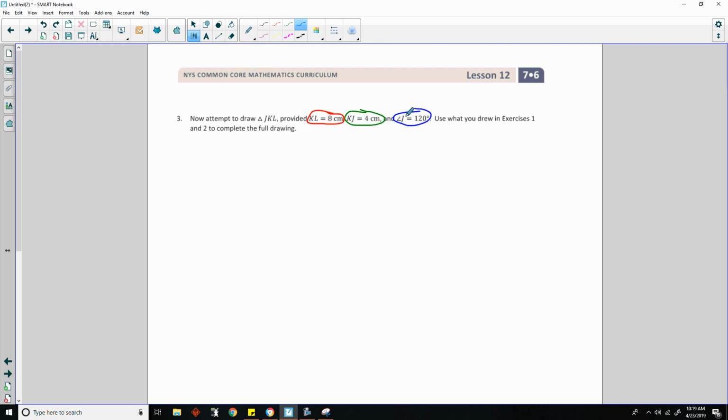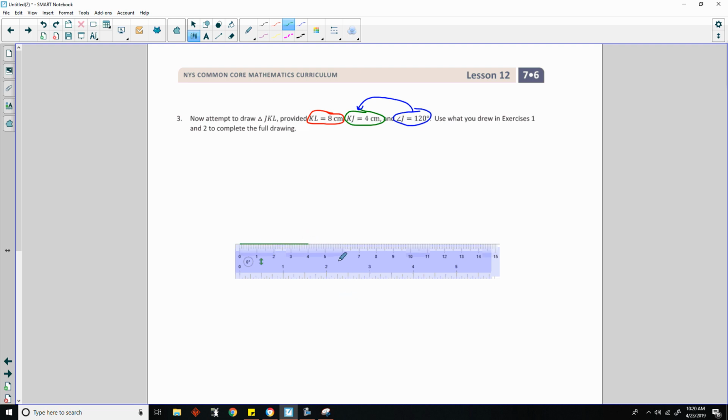So this should get routine now. We're given 2 sides and a non-included angle, and the angle's name is J. So I look and see which line segment has the letter J in it, and it is KJ. So I will draw the 4 centimeter KJ segment first. So I'll draw it right here.